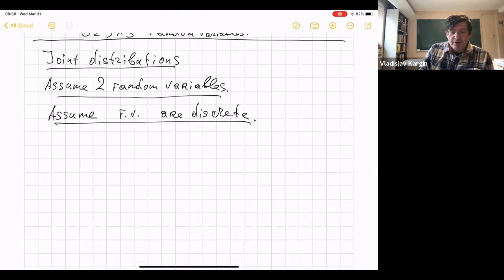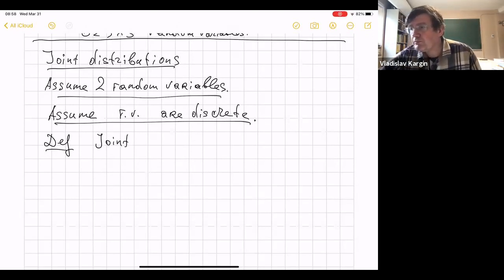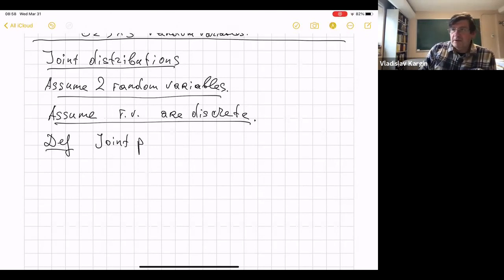So in this case, a basic definition is a PMF, the joint PMF, joint probability mass function.